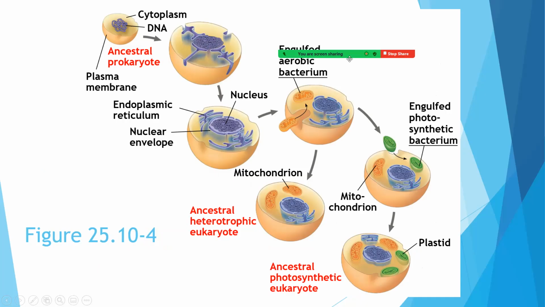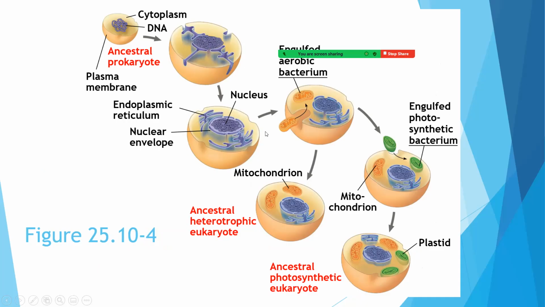So we looked at this picture before. Remember, you have your ancestral prokaryotes. Those prokaryotes were early. They started to evolve and create some more complex organelles to give us our precursor eukaryotic cells.